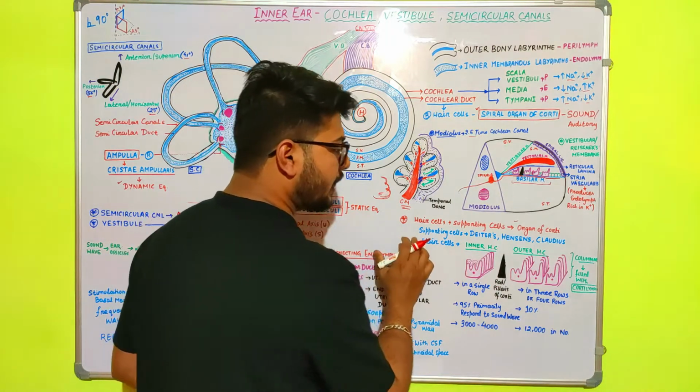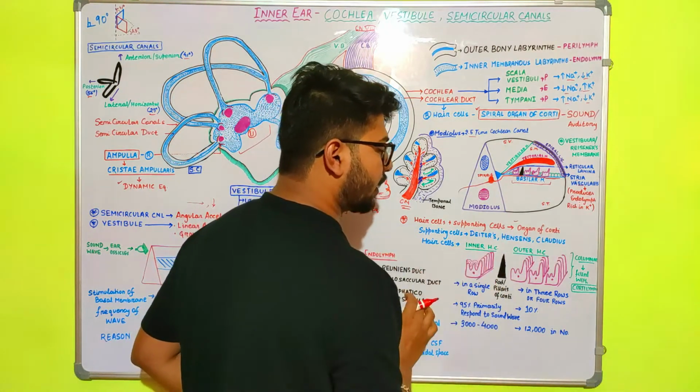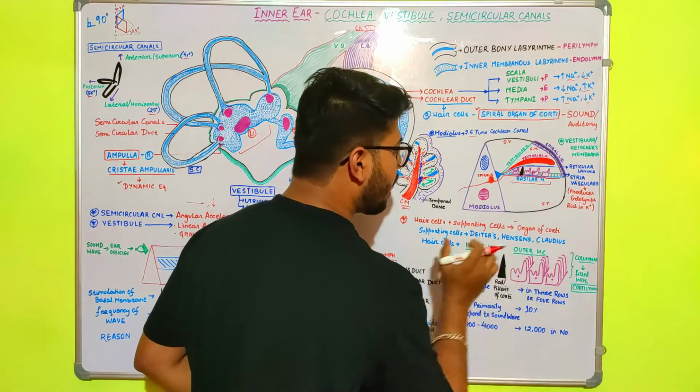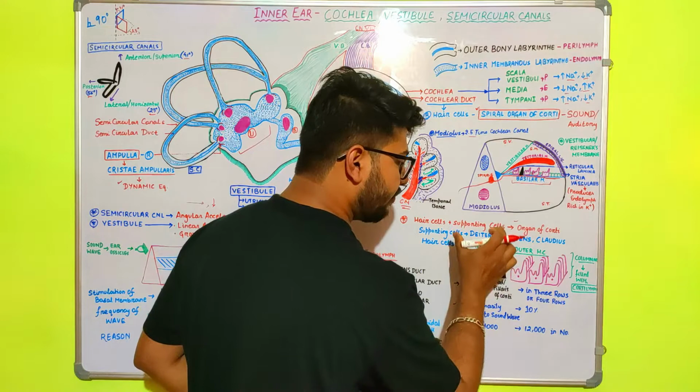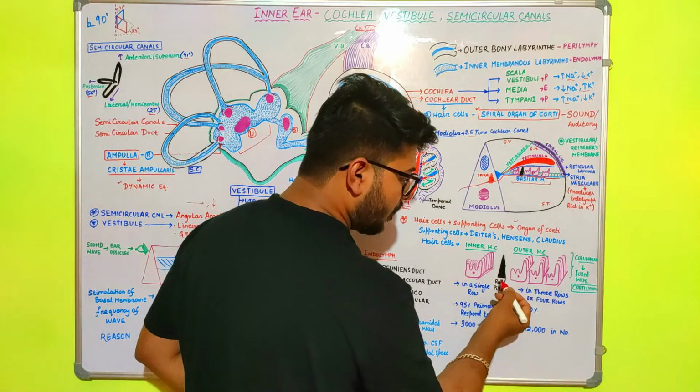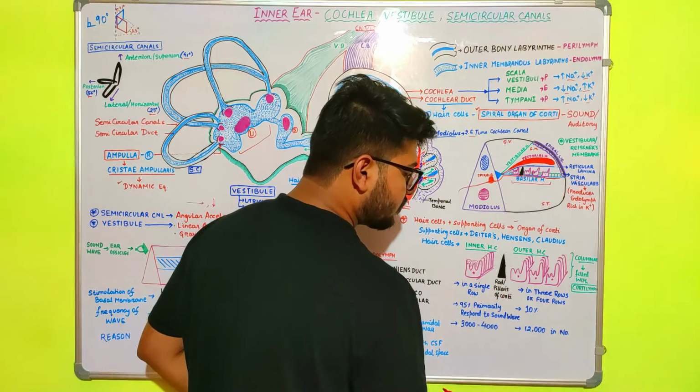Supporting cells and the hair cells both constitute the organ of Corti. The hair cells are divided into inner hair cells and outer hair cells according to their position relative to the rods or pillars of Corti.